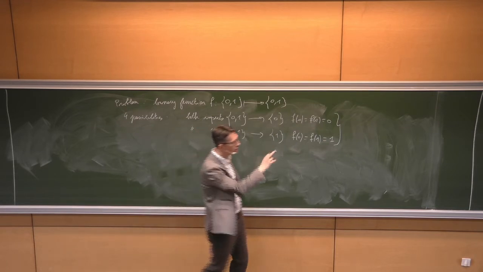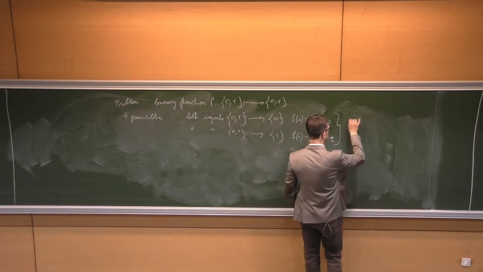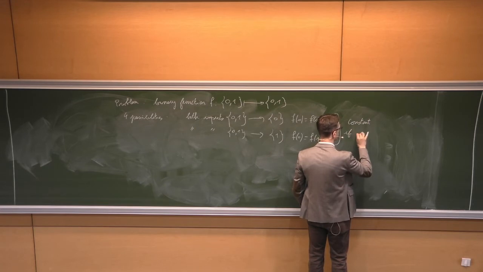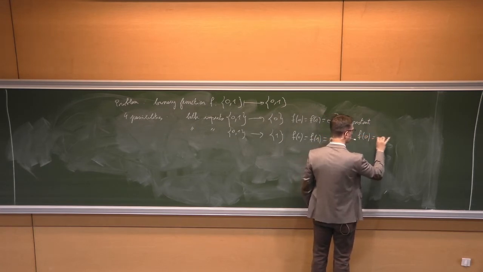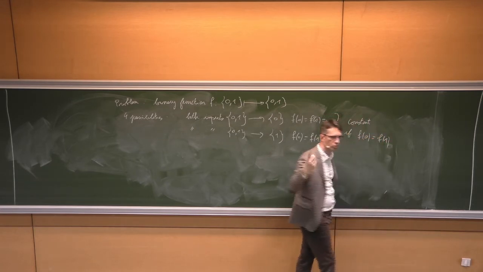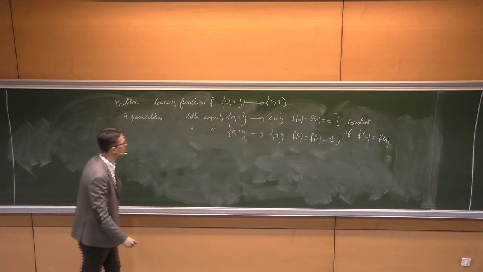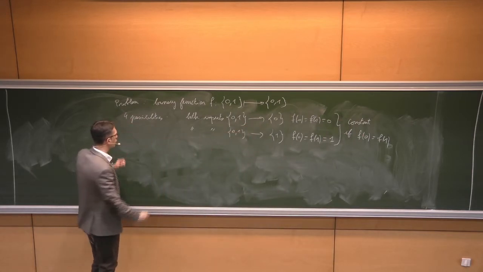I will call it the constant family. So the constant family is that f0 equals f1 no matter what input I had. So these are the first 2 possibilities.